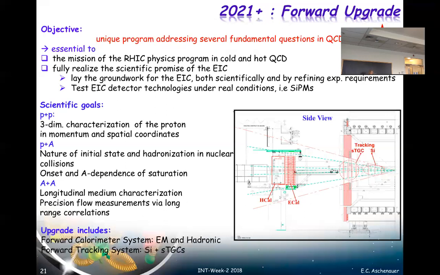That is nice for looking into saturation, but it's also nice for spin effects, because we can take all these TMD measurements to the forward region and go to even higher or lower x. And the review for this is happening in November, and then hopefully we get to go forward to do this.